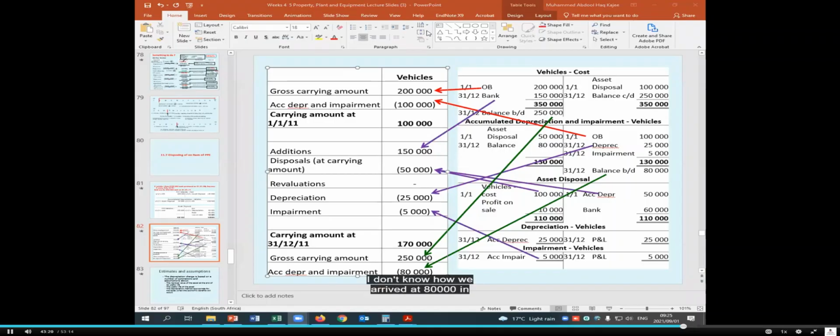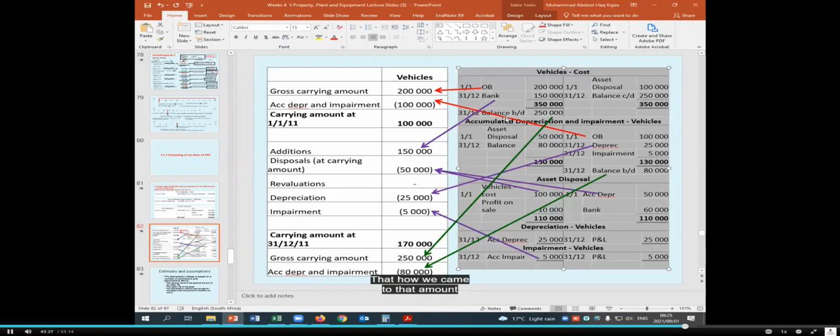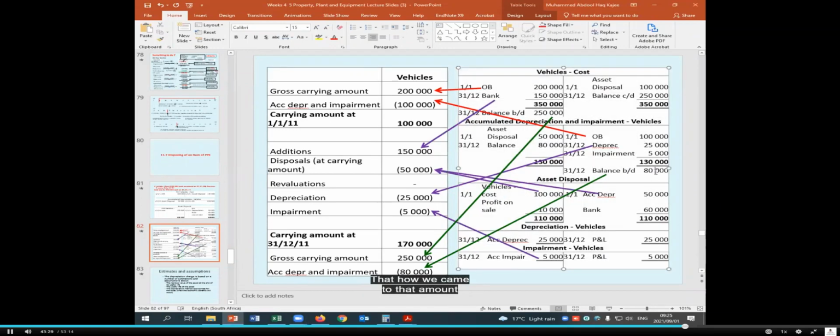I don't know how we arrived at 80,000 in the accumulated depreciation and impairment in the end. How we came to that amount is we balanced this account. This was the greater side, 130. We took it to this side.